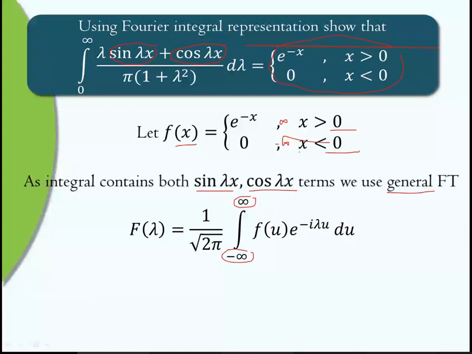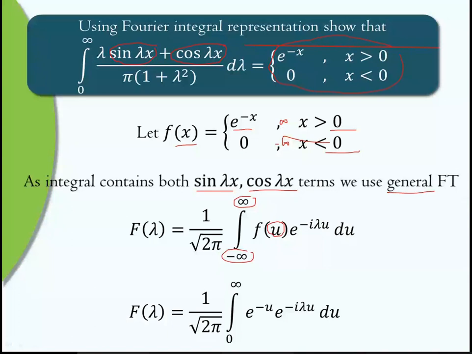Minus infinity to 0, 0 to infinity, and put the corresponding value of the function. Instead of x, take u. So it will be 1 upon square root of 2 pi integral 0 to infinity. Between 0 to infinity, it takes value e raised to minus x.